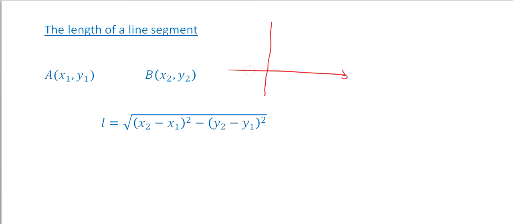Now, if we have a line segment again, and we have A and we have B, we can also be asked to find the length of the line segment AB. Now, this is just an application of Pythagoras' theorem, and what we are essentially doing is finding the lengths of this right angle triangle here.